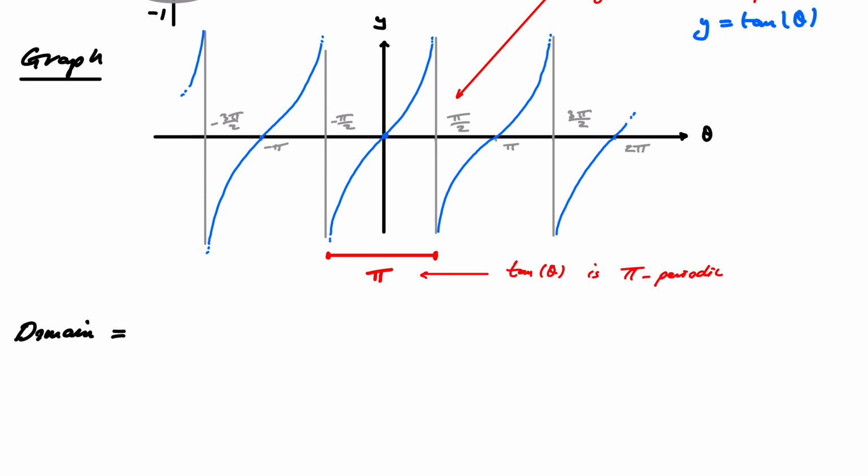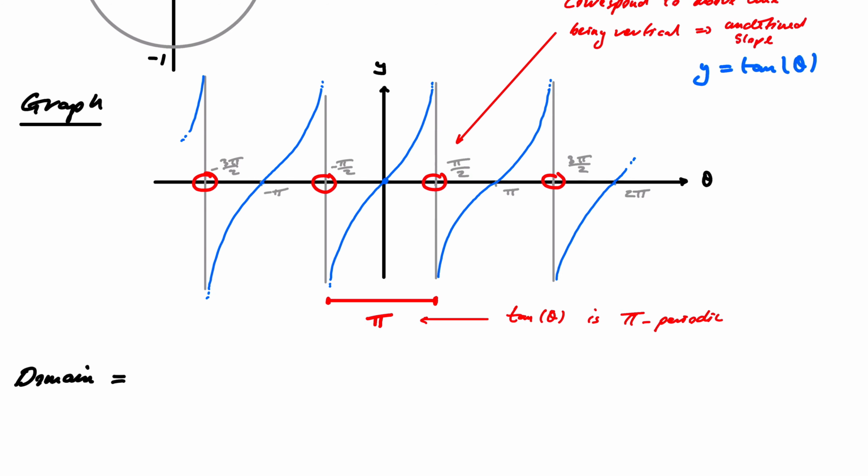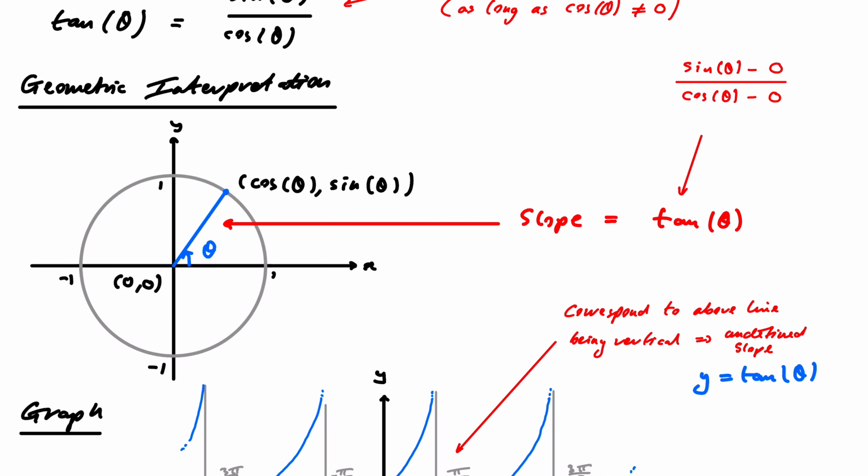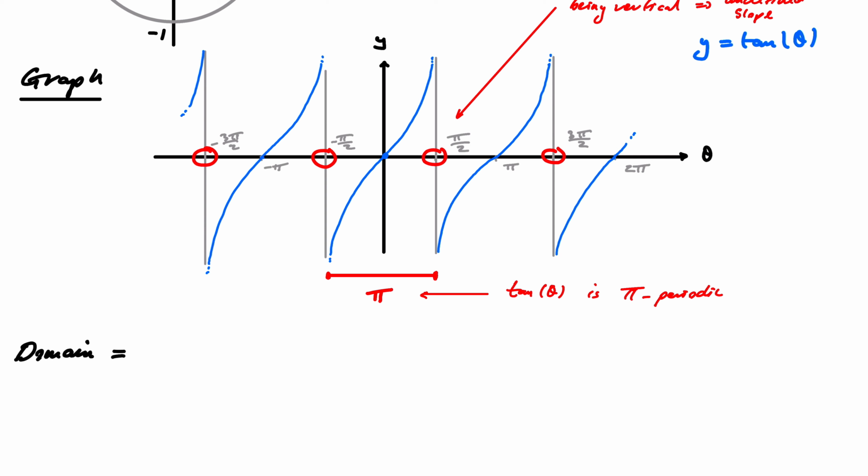This causes a lot of confusion. So the domain is all points where I'm away from these, okay? And this really actually, if you think about it, is corresponding to the fact that cos of theta is equal to 0. These positions are all the same as cos of theta being equal to 0. That was something we've already looked at. So really what we want to do is come up with a nice way of describing these positions.